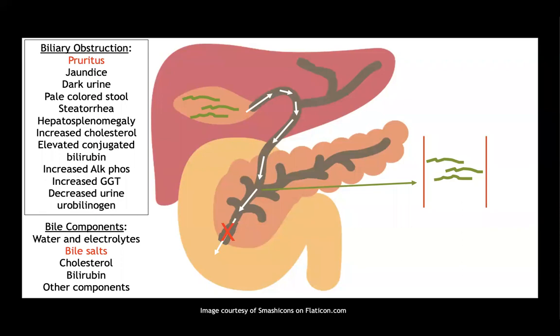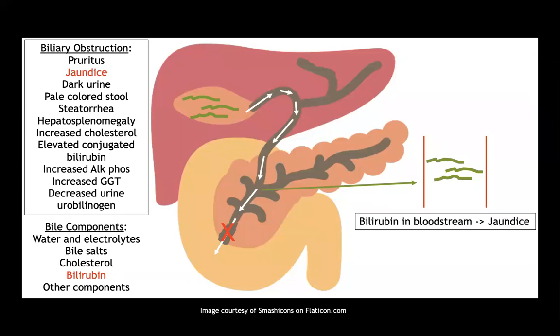So for pruritus, if you've ever heard of somebody who has really bad liver disease or gallbladder disease like PBC, which we'll talk about later, you can get pruritus, and that's caused because inside this bile are bile salts, and when you have a ton of bile salts in your blood, that can cause a bad form of itching.